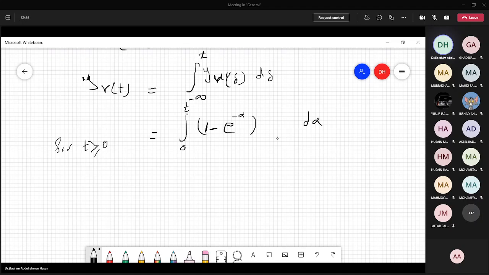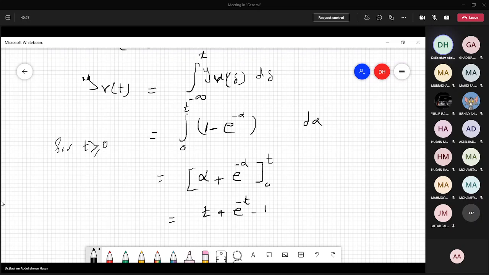Okay, then this is equal to the integration of this one with respect to alpha, so it is alpha. Integration of this one is plus e to the power of minus alpha, from 0 to t. So at t, it is t plus e to the power of minus t. At 0, this is 0 minus e to the power of minus 0, which is equal to 1.